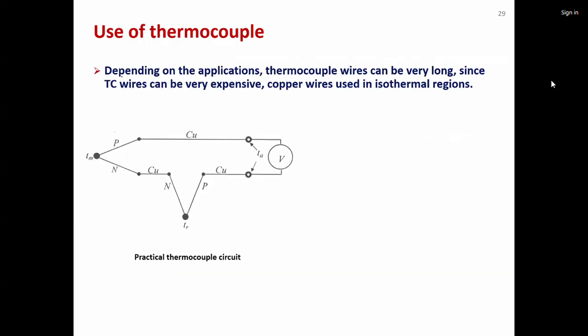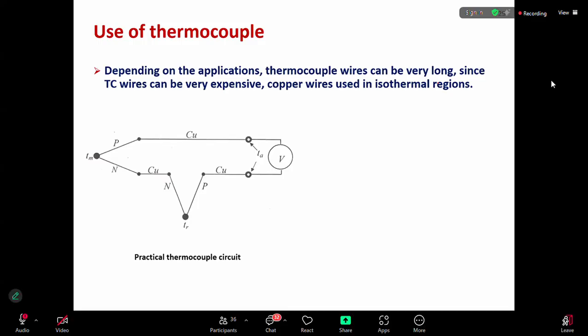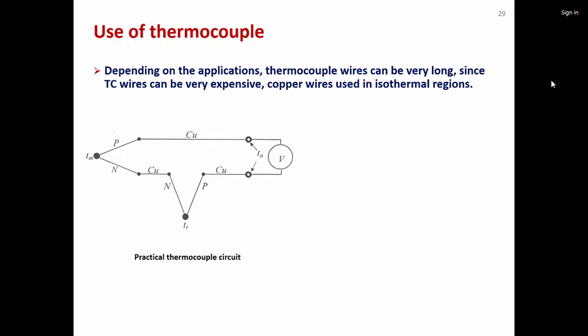Depending on the application, thermocouple wires can be very long. Let's say you have some big machine and you cannot, of course, take your voltmeter inside the machine, and the control system is outside, and you are trying to measure the temperature of a certain region of the machine which is very much deep inside, and you inevitably have to use a very long thermocouple wire. Thermocouple wires are typically expensive.